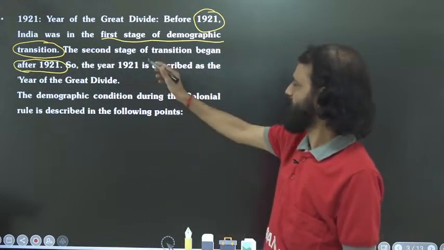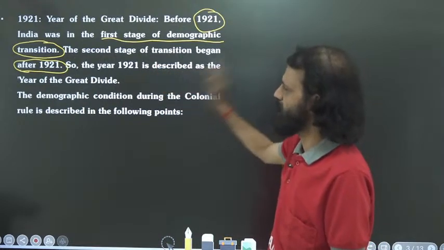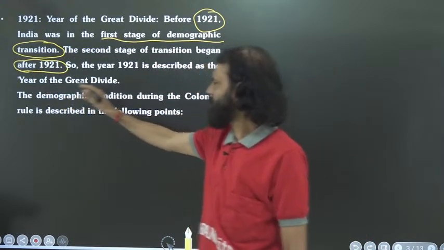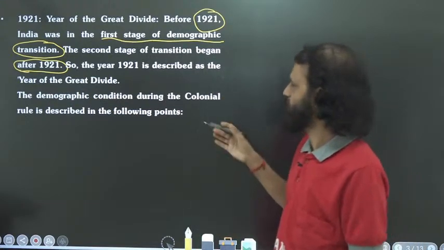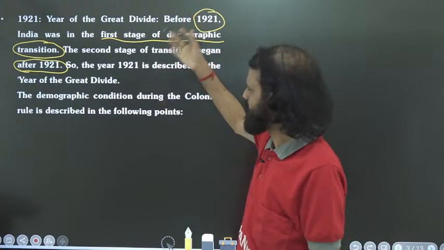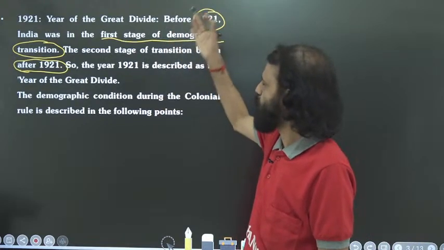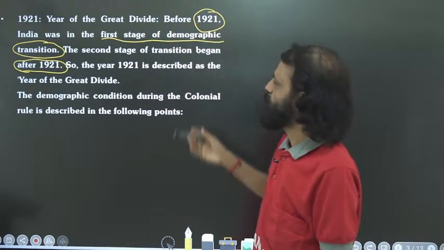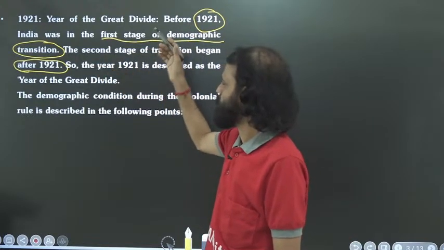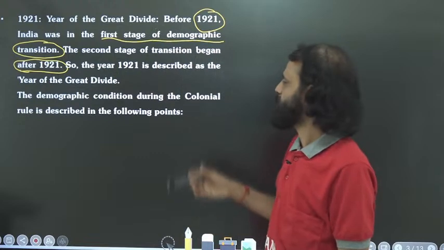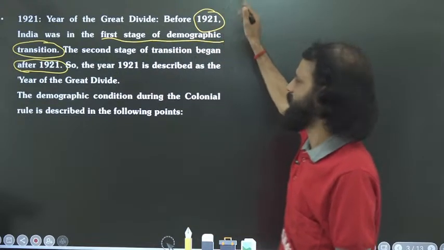The year 1921 is described as the year of the Great Divide. When we consider the census, this date is very important.